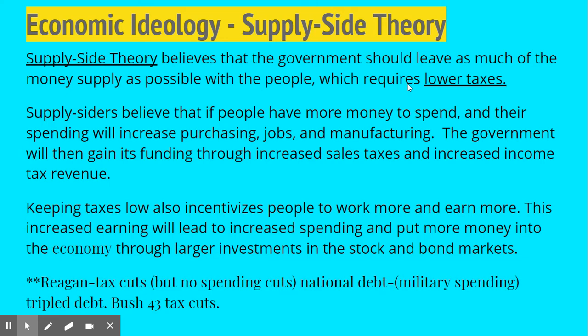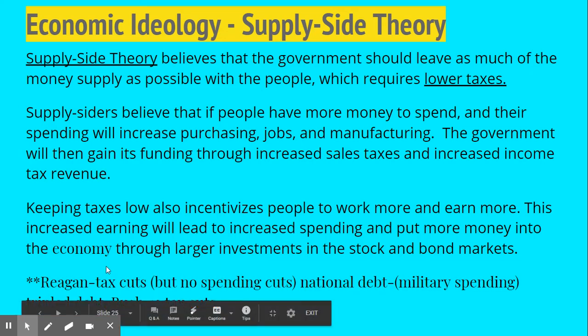And so lowering taxes when the economy is in trouble, therefore employers will hire more people, people will receive a paycheck, therefore that tax revenue will increase and so forth. But it's on the supply side instead of on the demand side. Okay, so keeping taxes low incentivizes people to work more and earn more. And so there's that snowball effect as well. Okay. Example would be Reagan's tax cuts. We can update this with Trump's tax cuts.